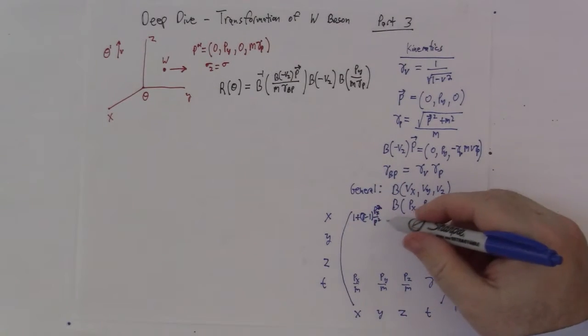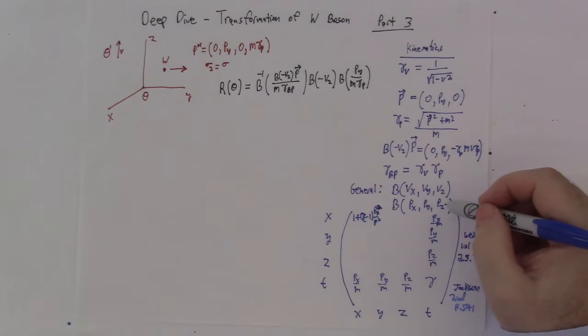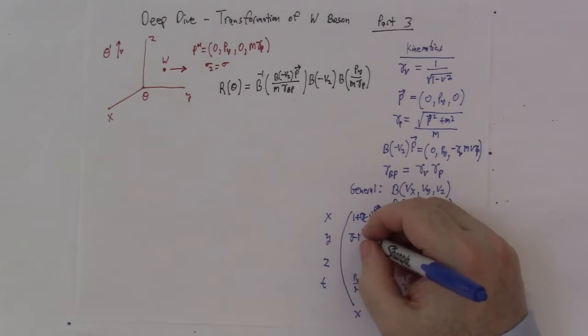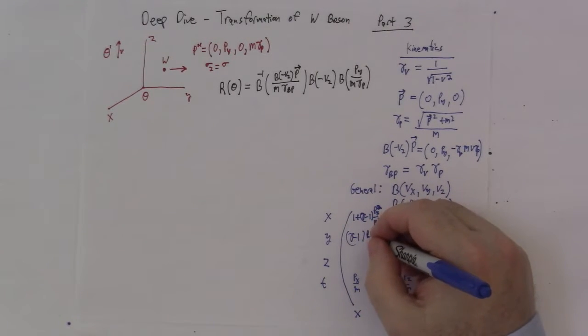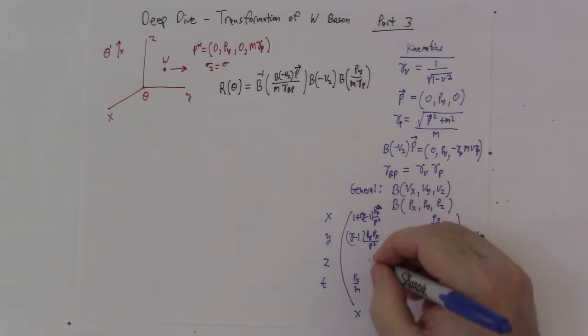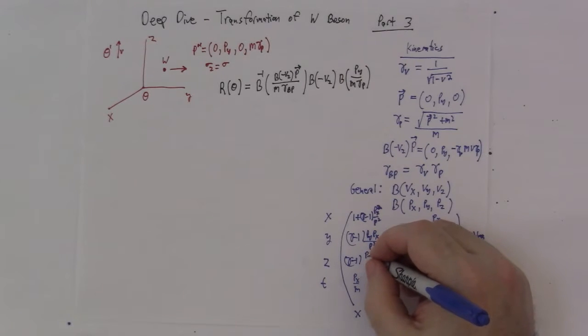Again, p squared is not the relativistic momentum squared. It's just a regular px squared plus py squared plus pz squared. I have gamma minus 1 py px over p squared. Gamma minus 1 pz px over p squared.